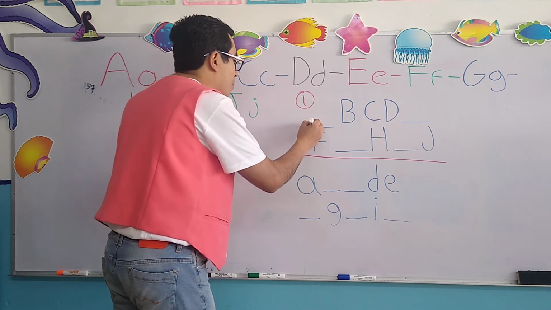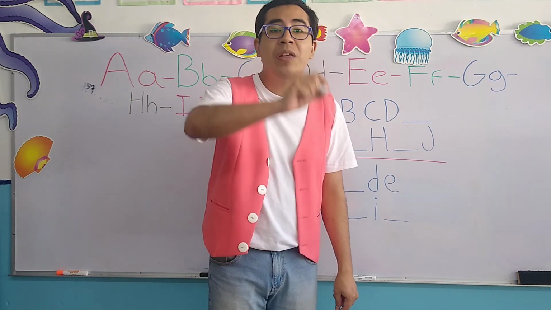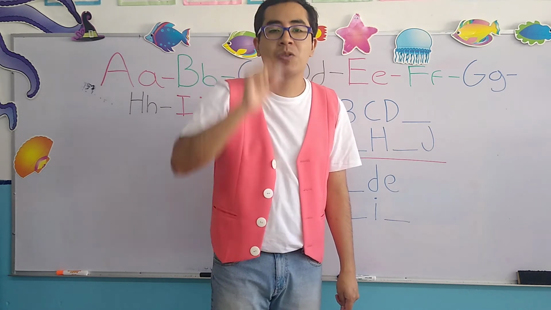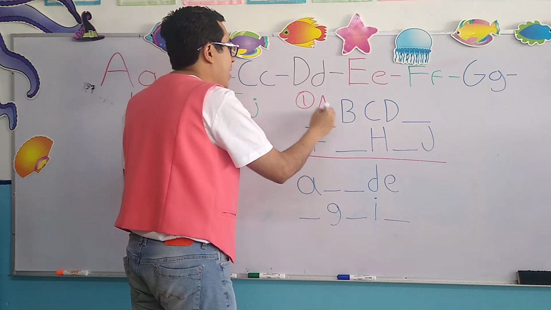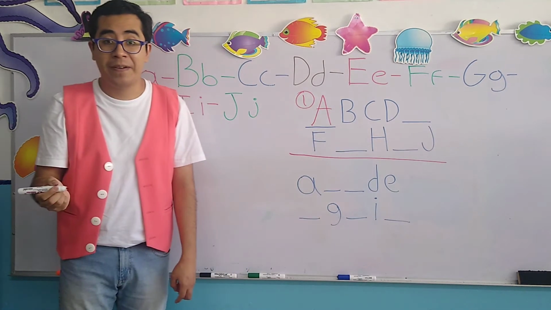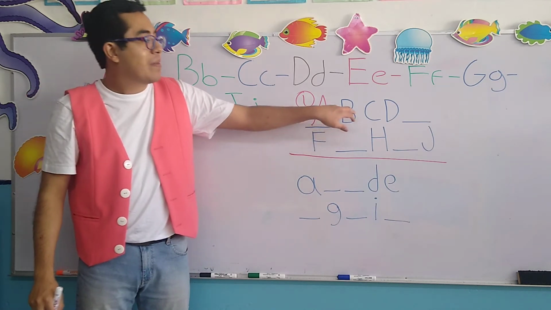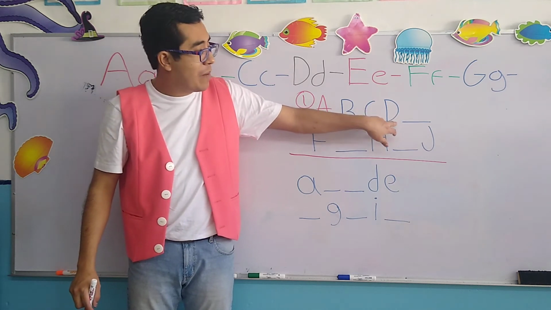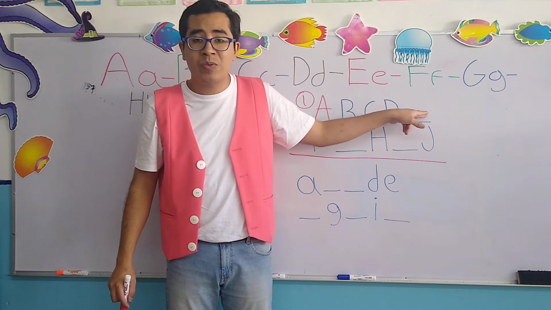So remember, with all of your strength, try to do the lines. Con toda esa fuerza de la manita, hagan esos trazos. Capital A. That's it, okay? Very easy.